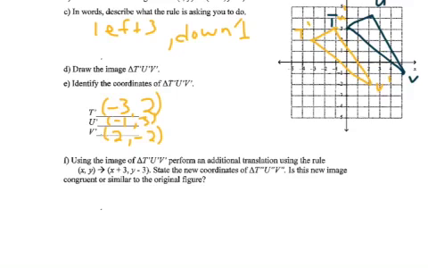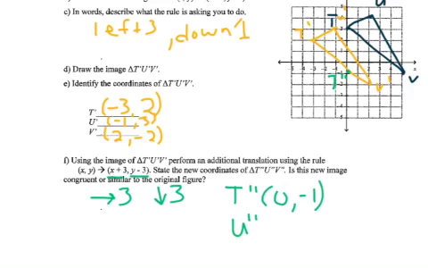And so remember, we are moving x plus 3, y minus 3. So if I move x plus 3, I am going to the right 3. And y minus 3, I'm going down 3. So from my T prime, I'm going to the right 3 and then down 3. And this would be one ordered pair for T double prime, which is at the ordered pair 0, negative 1.